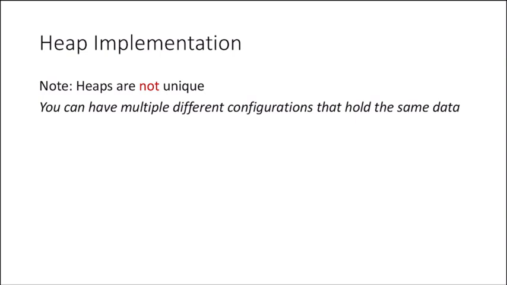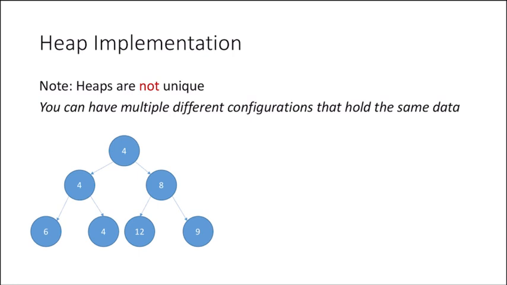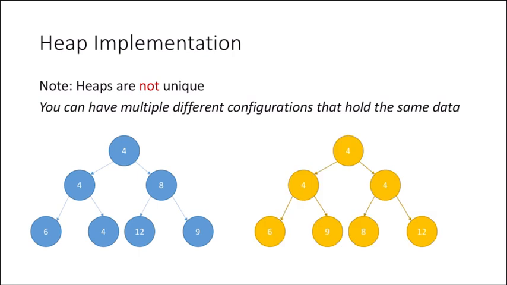But that doesn't mean that a heap is unique. So if you have a set of data, you could have a heap that looks like this. The minimum value is at the root, but this could also appear in a different configuration. So for example, we've got a 4 here, a 4 here, a 4 here, and over here the 4's here, 4 here, and 4 here. If you notice, this 4 here is lower down in the tree compared to this 8.